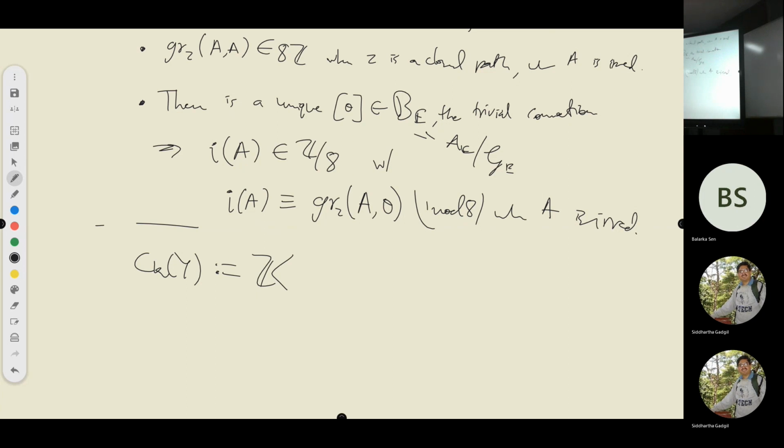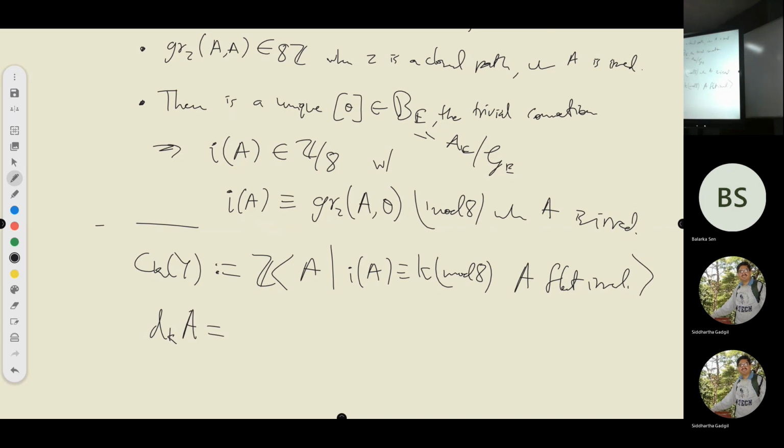Nonetheless, we can still define this in groups, which is K mod 8, A flat and irreducible, and the differential is over all paths and connections B, which are inside the complex, with gr_Z(A, B) equal to 1.